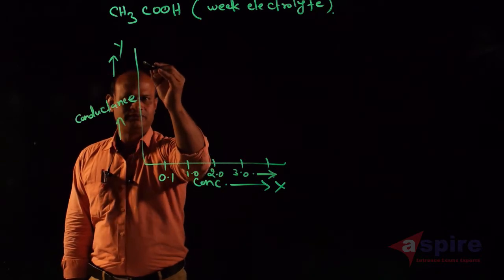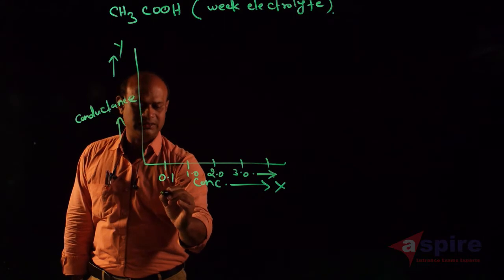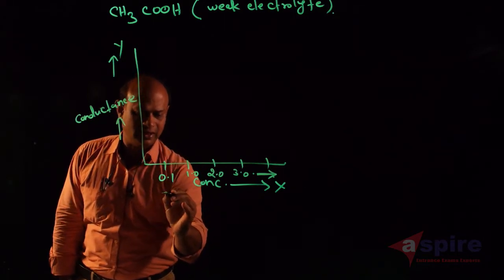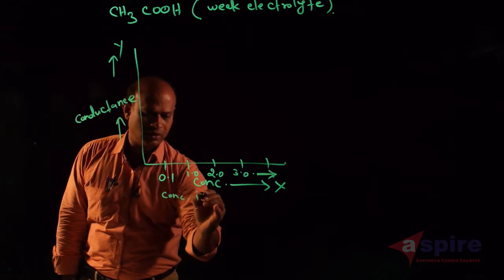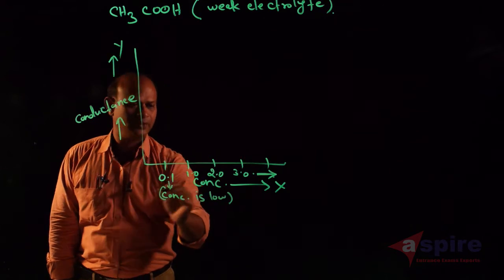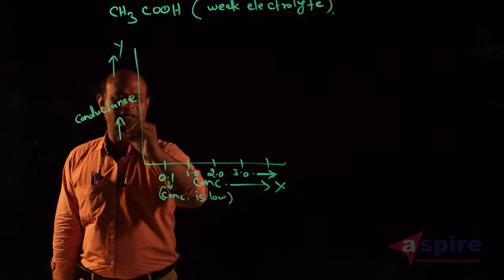In our graph, this is the least conductance, that is, the concentration is very low. The concentration is low in this area. Here it is high concentration. So with respect to the concentration, what will be the conductance?